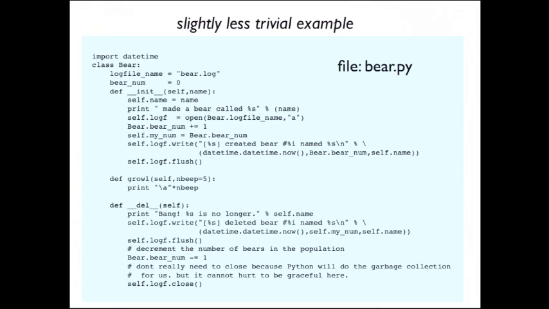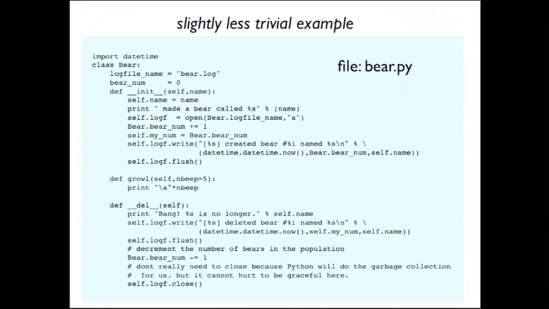So I do that with bear_num plus equals 1. I'm going to assign my number where I am in the population equal to that current number. And I'll wind up writing into that log file, and I'll flush out the log file. So I basically force the writing into that file. I'm not doing any sort of buffering at all.